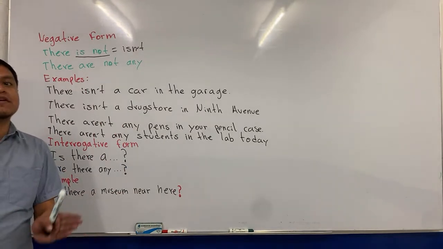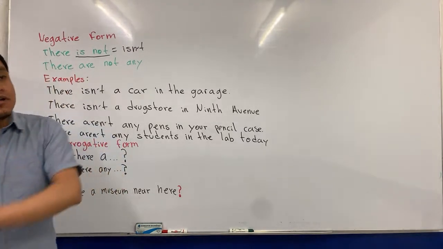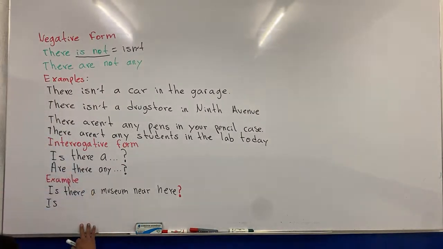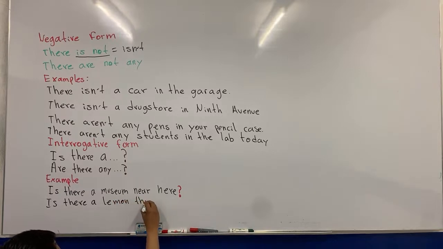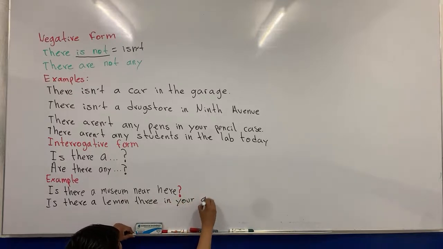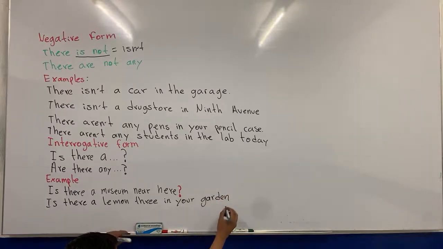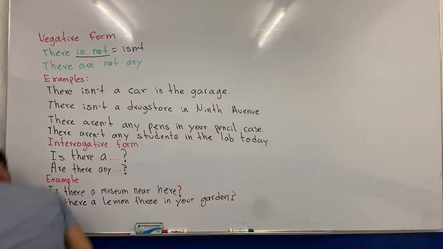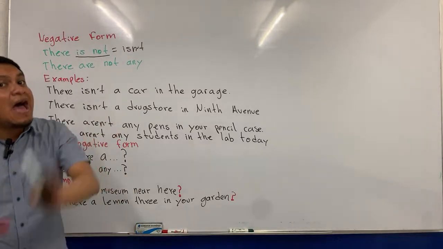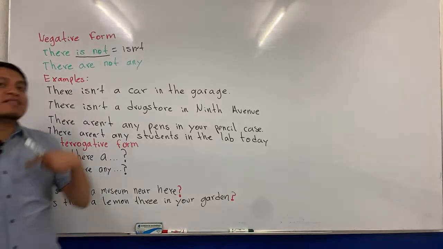Another example with this. Is there a lemon tree in your garden? ¿Existe, hay un árbol de limones en tu jardín?